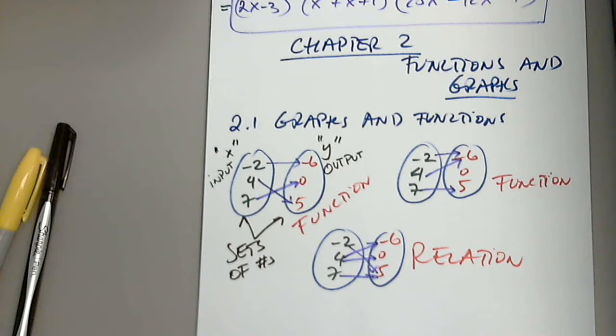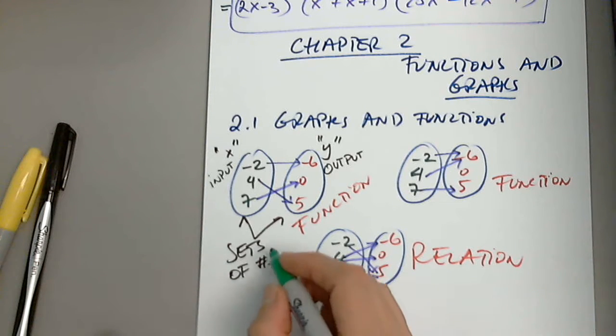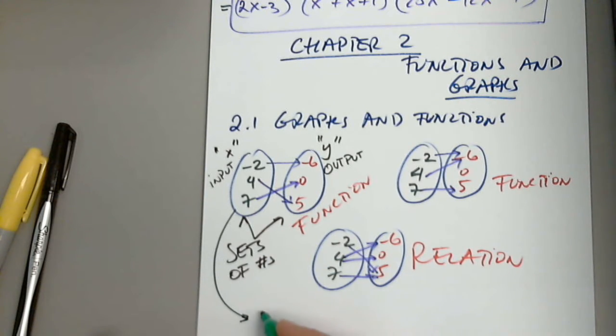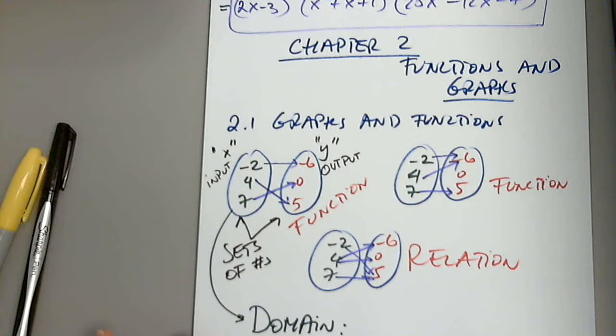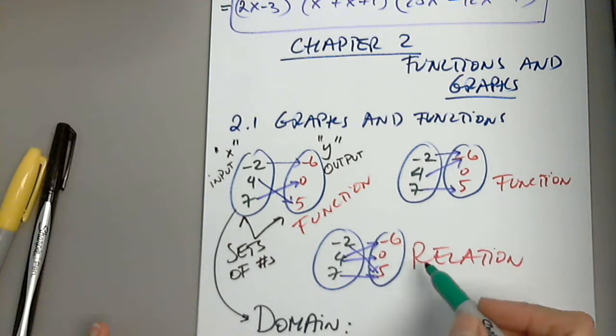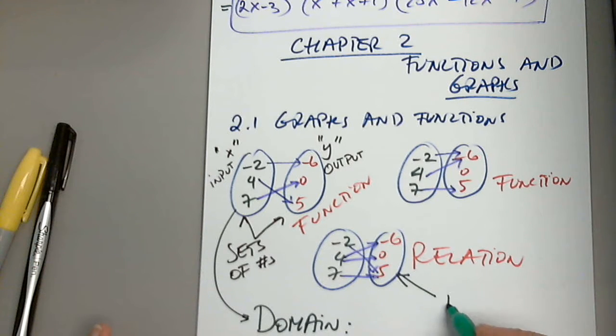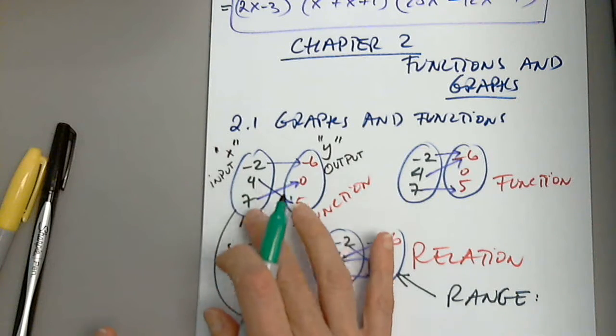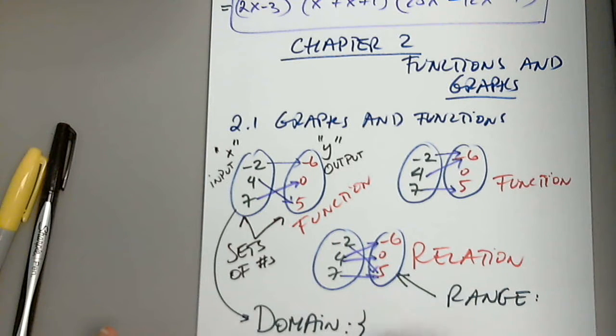Now, for any of them, functions or relations, the first set is also called the domain. For the second set, what do you think? For all of them, what will the second set be called? Perfect. Because they are finite elements, I cannot use parentheses or brackets. I have to use braces because I'm listing the elements.